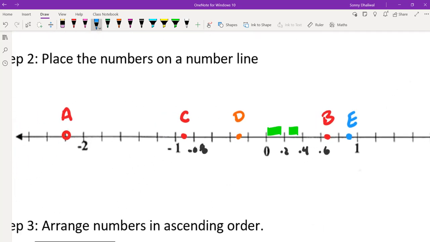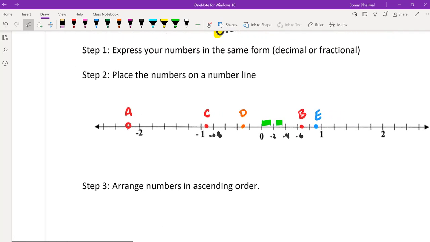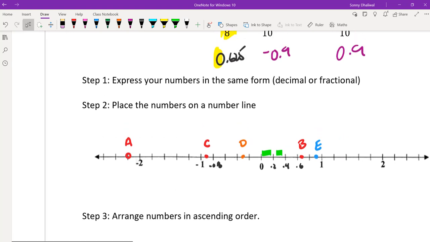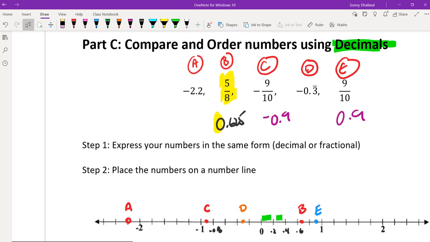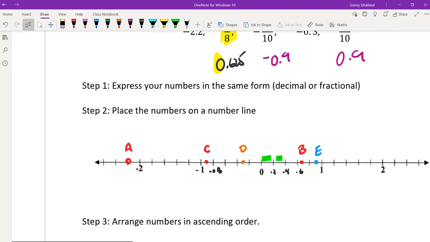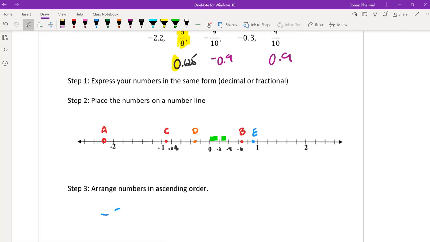So I'm expecting you to be able to do something like this. All right. So that's just putting it on a number line. Now, if I ask you to write out in ascending order, use the original one, like we did last time. Ascending means smallest to biggest. So we start off with A, that'd be negative 2.2.